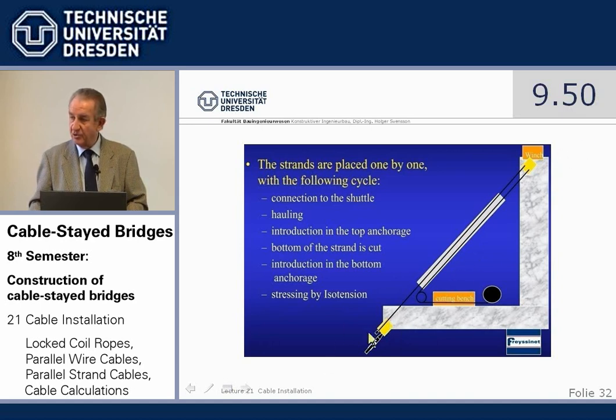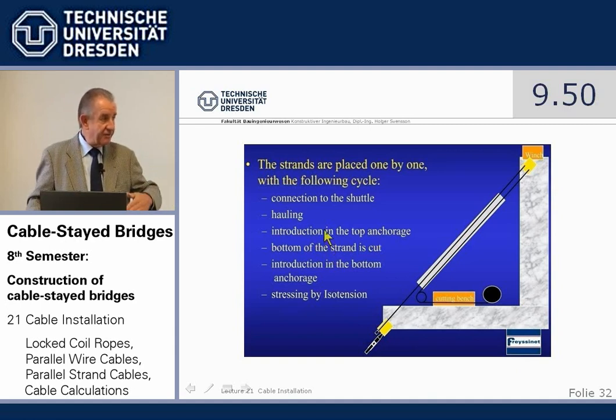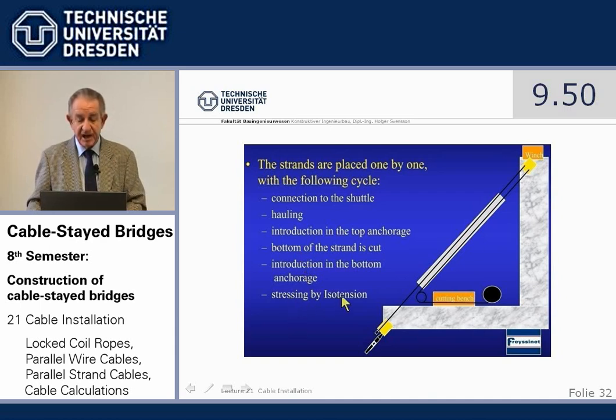That's why it's called a shuttle. Then we pull the new strand up. We have to introduce the new strand into the top anchorage, which I showed you. Then, because it's a long strand from a reel, we have to cut it at the bottom. Then we introduce it into the bottom anchorage. And then we make this isotensioning.